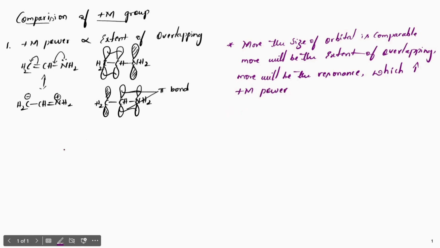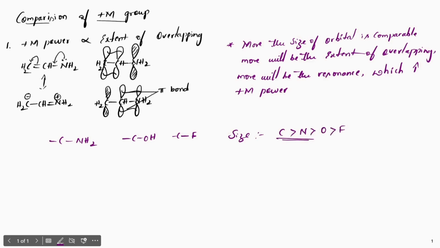If we take an example in particular, consider carbon bonded with NH2, carbon bonded with OH, and carbon bonded with fluorine. The question is, what is the order of positive mesomeric power? In order to answer that, write down the order of size: carbon is greater than nitrogen is greater than oxygen is greater than fluorine.